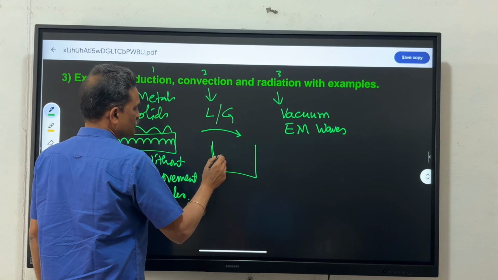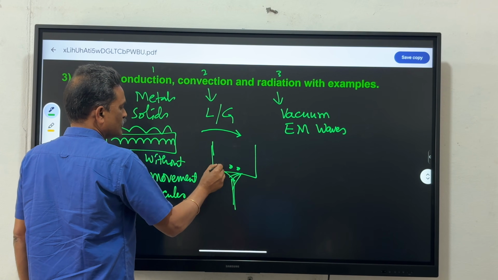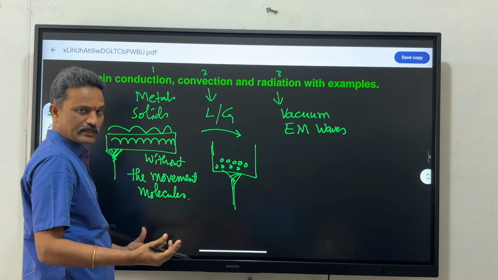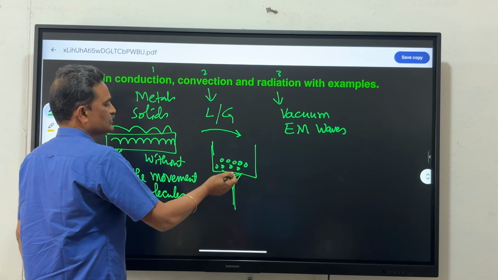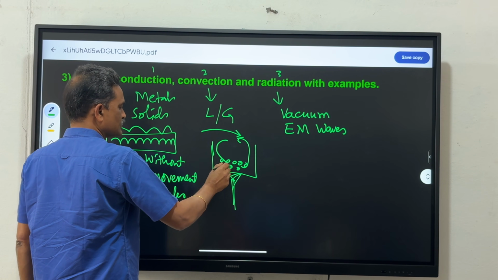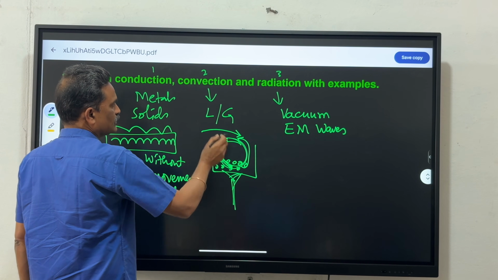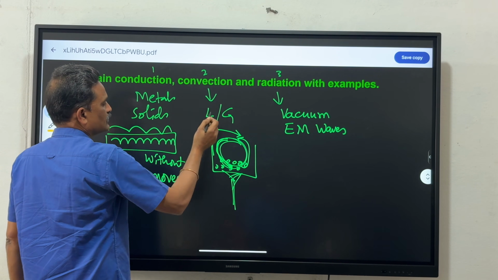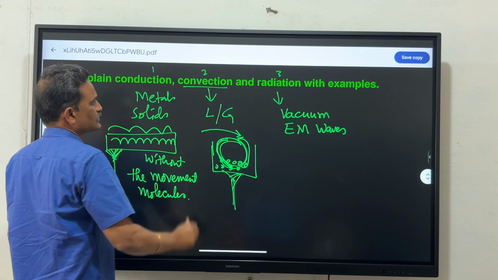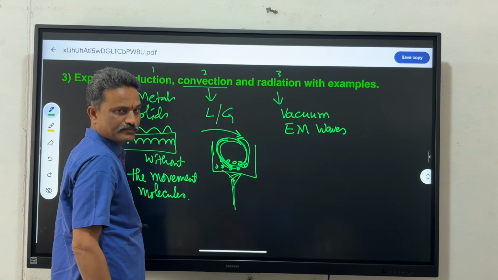For example, you boil the water. When you boil the water, the lower strata molecules get the heat energy and become light, so lighter molecules go up, and the colder ones, which are heavier in mass or denser, go down. In this way, along with the transmission of the heat, molecules are actually moving. In the case of liquids and gases, that process is convection.